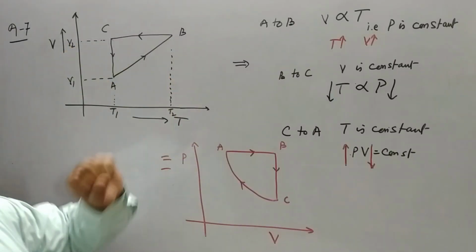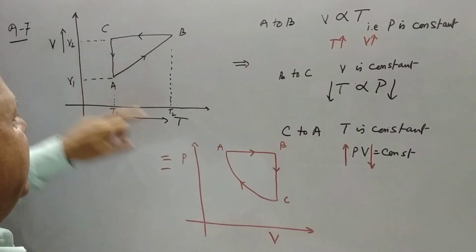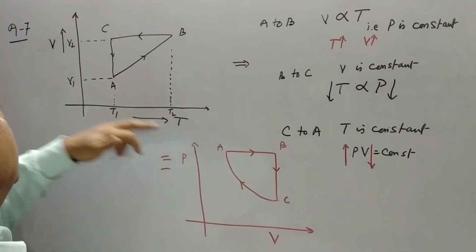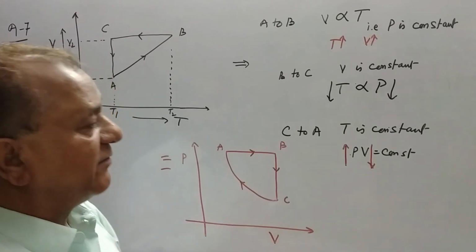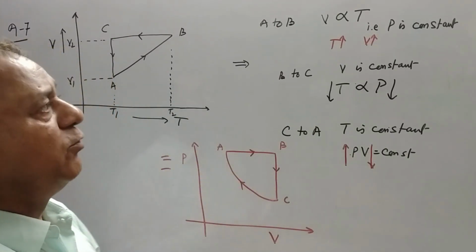Number 7 is a bonus question for you, and it's an important technique. How to convert a VT graph, or for that matter it can be a PT graph, into a PV graph, so that you can easily calculate the work done during the whole process.